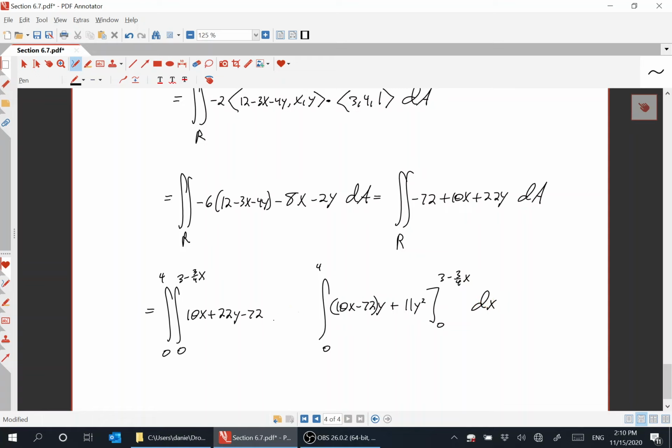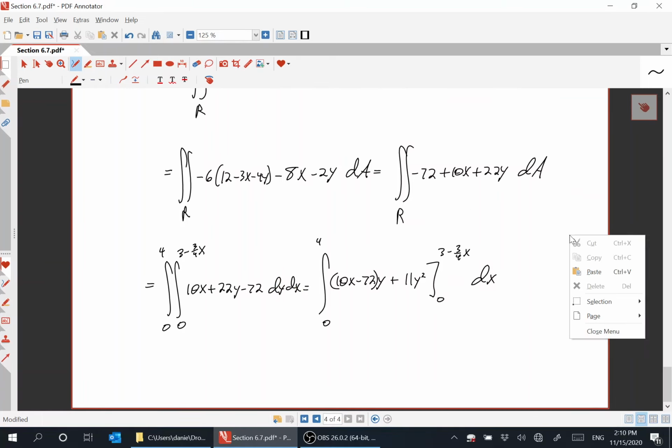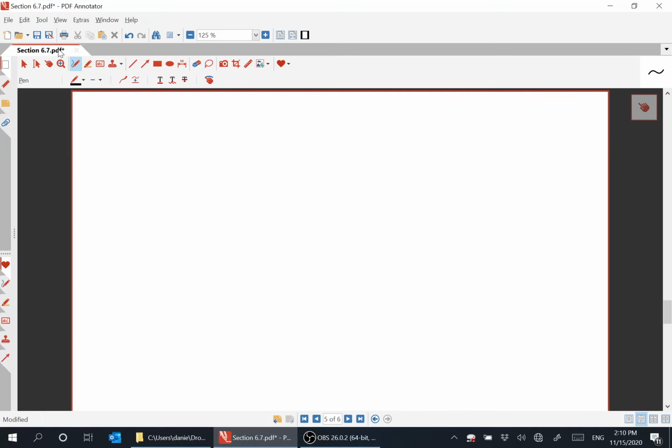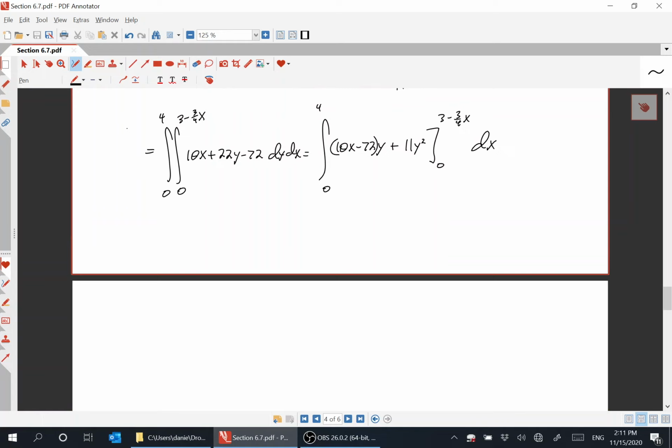Oh, this was dy dx, which is equal to 10x times 3 minus 3/4 x minus 72 times 3 minus 3/4 x, minus 0, plus 11 times 3 minus 3/4 x quantity squared.